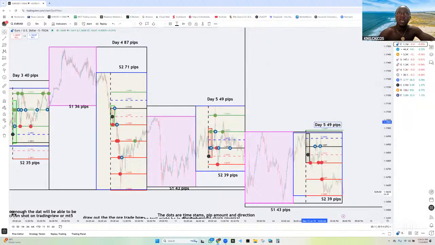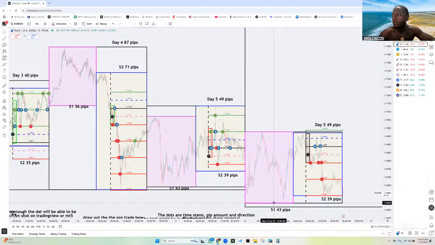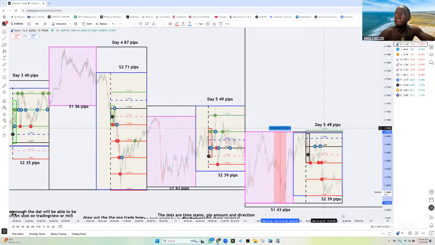Now let's go ahead and size up. So I believe session one is going to be also the same amount of pips as the entire day because the high and the low both occurred in session one. So 43 pips for the day, 43 pips for session one.